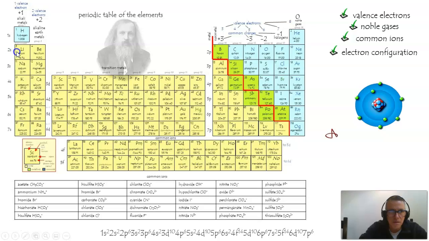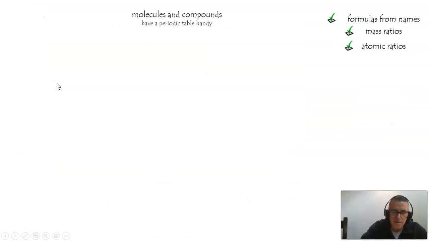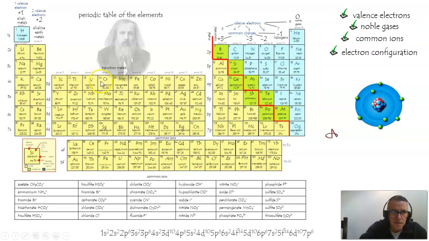1s2, 2s2, 2p6, 3s2, 3p6, 4s2, 3d. It slips back down to the 3rd shell. 3d10, 4p6, 5s2, 4d10, 5p6.